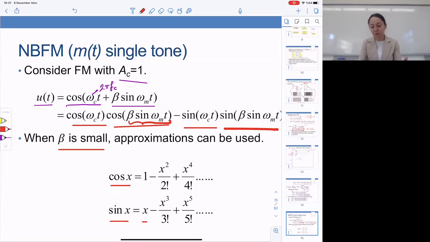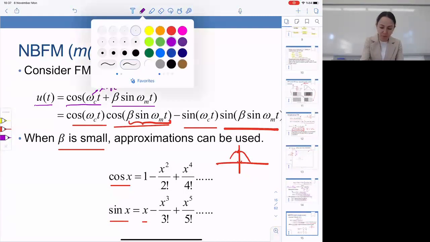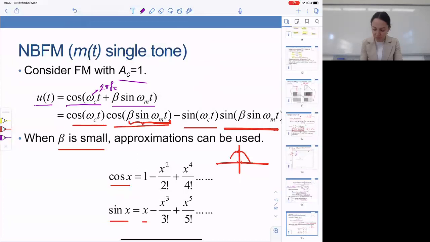So if beta is sufficiently small, then we could approximate cosine as 1 and sine as the identity function. What are we really doing? If you look at cosine, it looks like this. Around 0, cosine is pretty much constant at 1 for very small values of x.